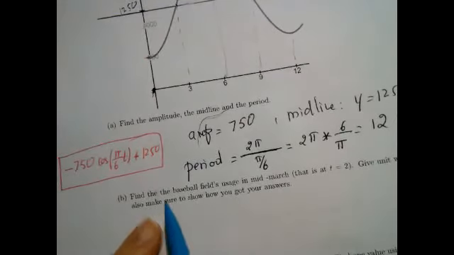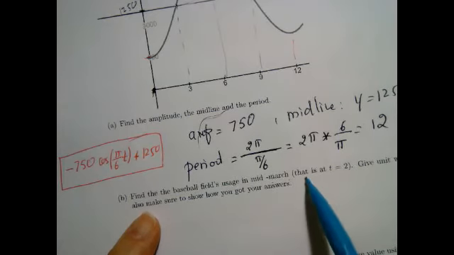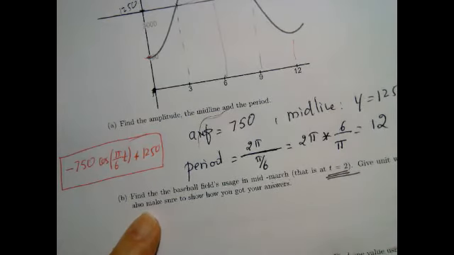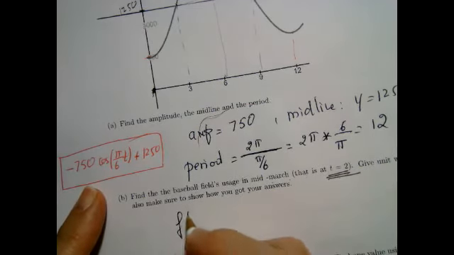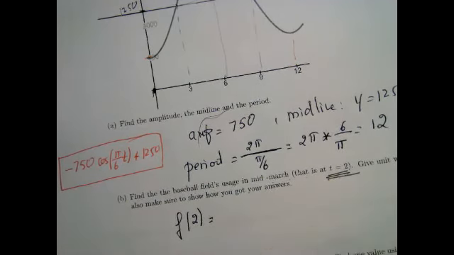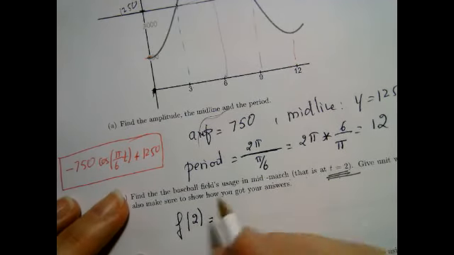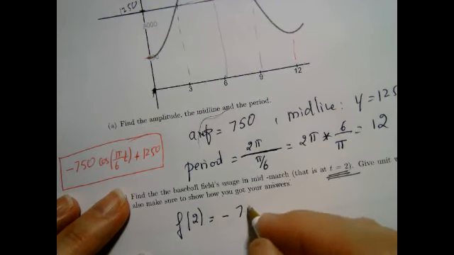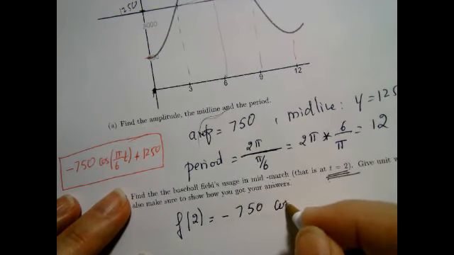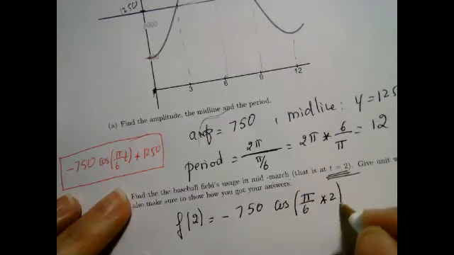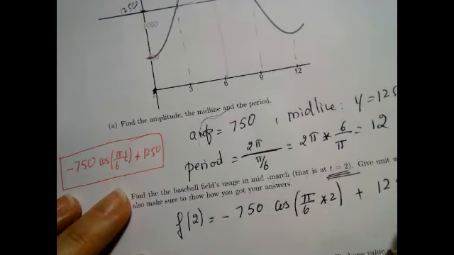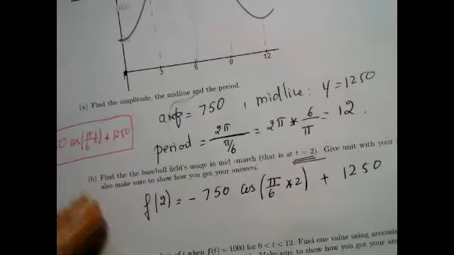Now, question number 1. Find the baseball usage in mid-March. It means at t equal to 2. In this problem, I'm just asking you to plug in 2 inside the formula. For t equal to 2, how many people per week were using it? This is simple. My memory is that you did not have trouble with it.